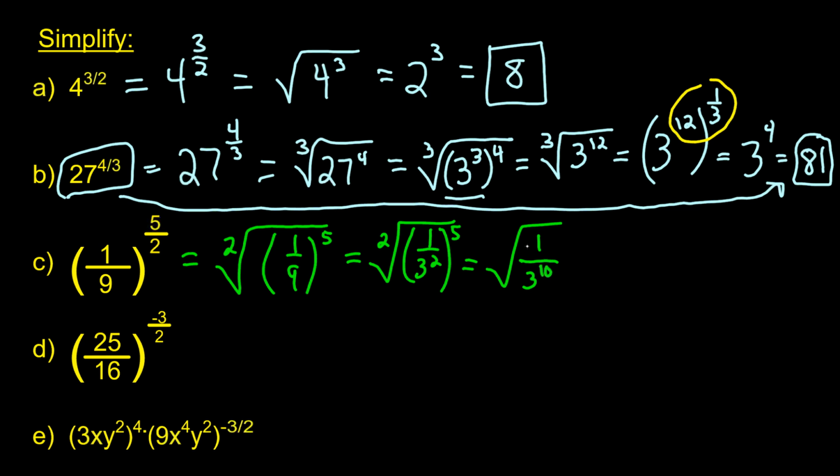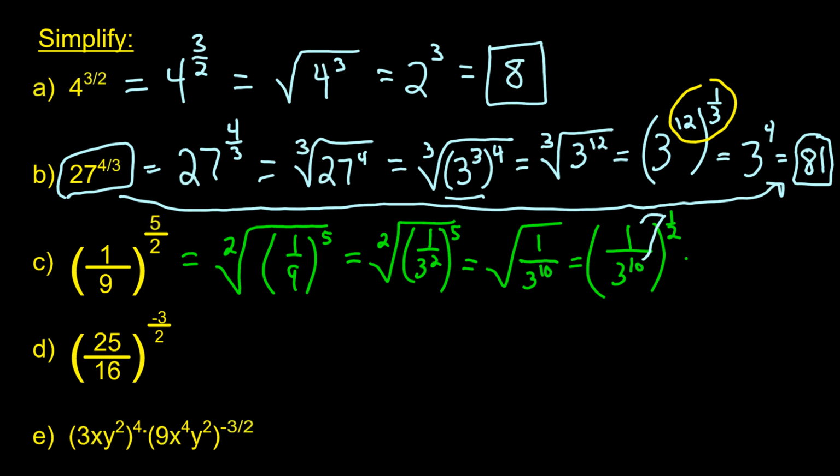And so if we're doing the square root of all of this stuff, then what we can do is rewrite it as a fraction. And so this would be 1 over 3 to the 10th to the 1/2 power. And then we can use the properties that we've learned. This 1/2 affects both the top and the bottom of this fraction.